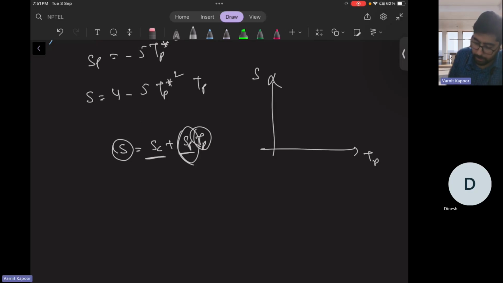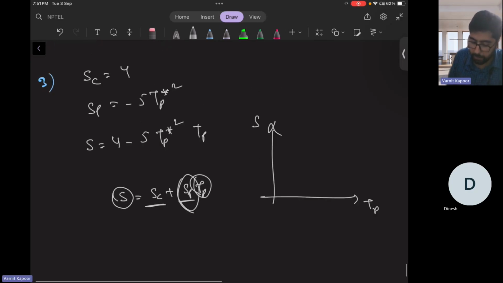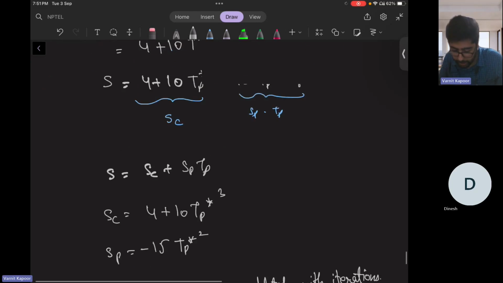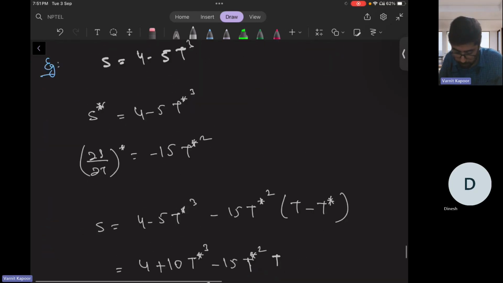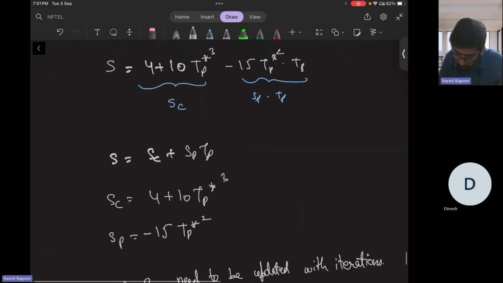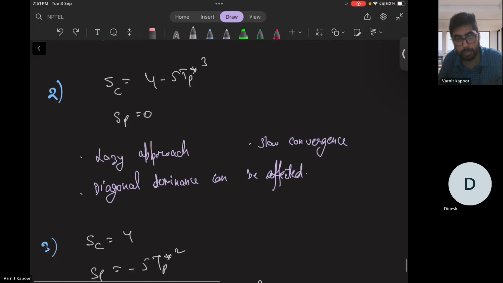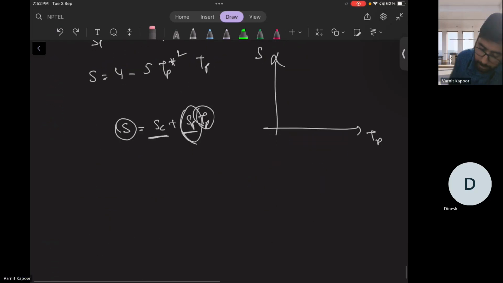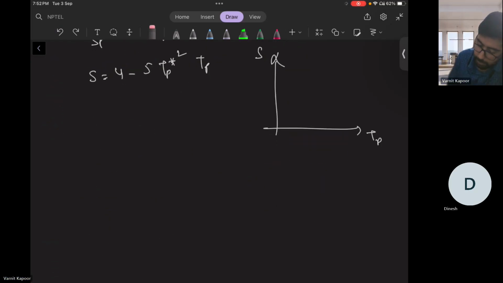Here SP is minus 5 TP star square, and in the earlier model 1 your slope was minus 15 T star square. So the slope is less steep.